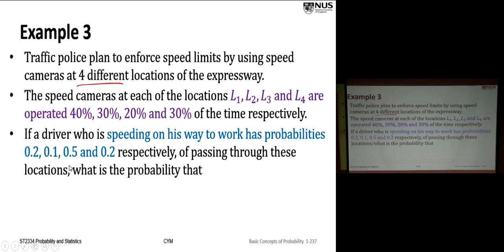This driver may speed with these probabilities. We also have these 4 probabilities.